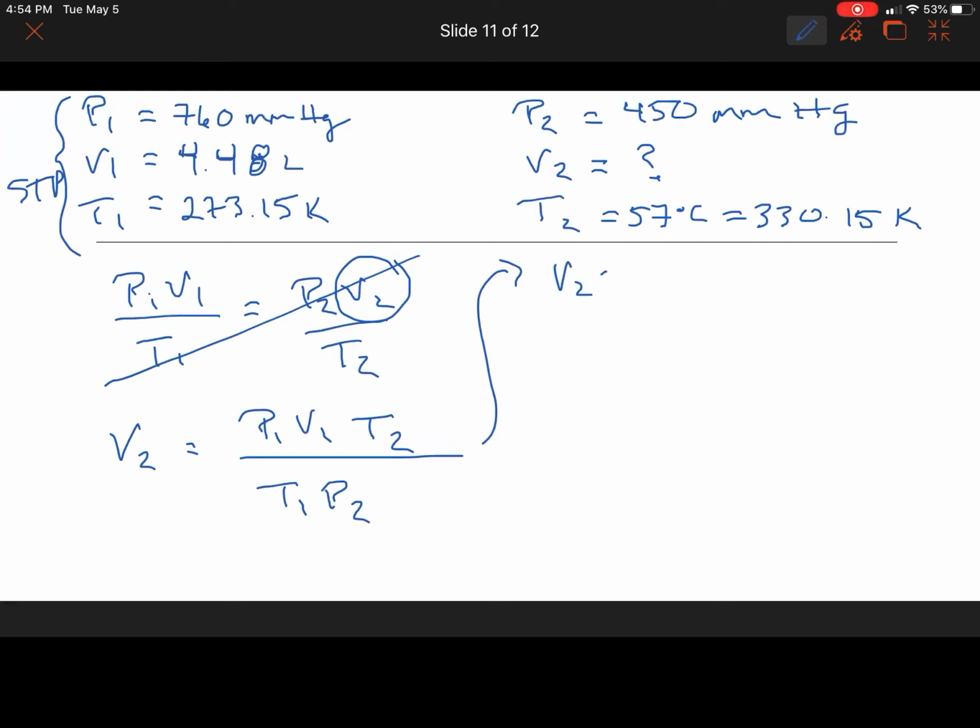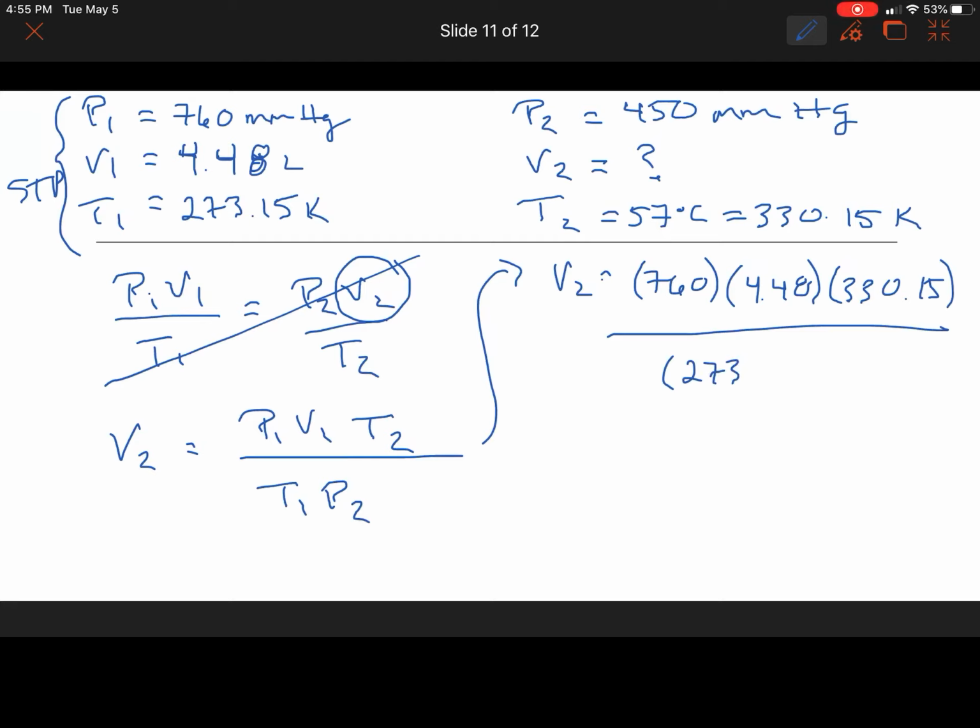Okay, I'm going to move up here. So V2 is going to be equal to, and now we're just going to sub in our values. So I've got 760 V1 4.48 multiplied by T2, so 330.15, all divided by T1, which is 273.15, multiplied by P2, which is 450, and then we just solve.